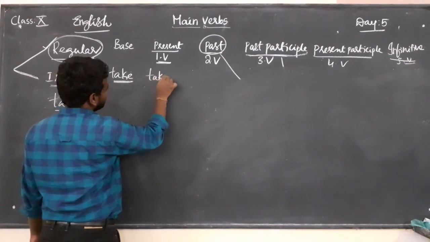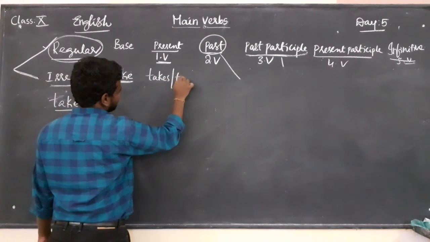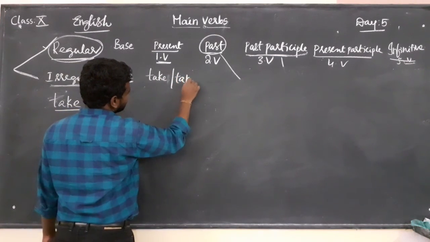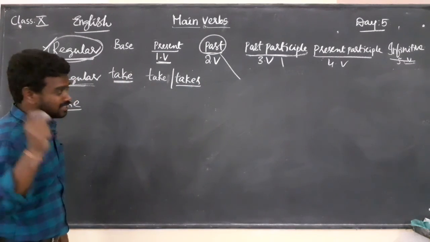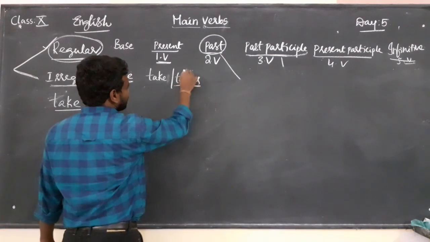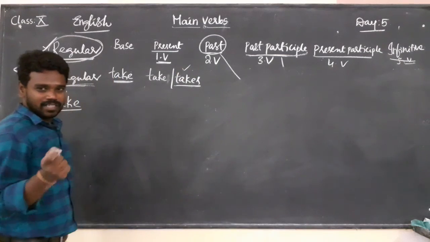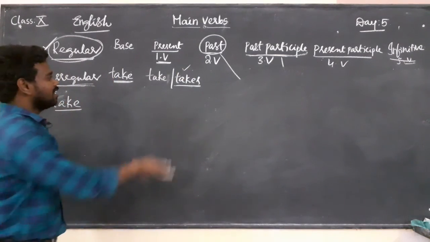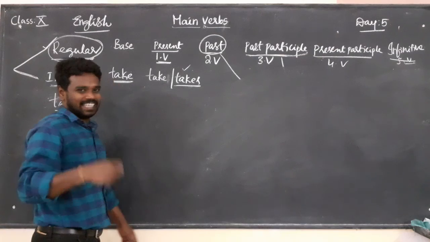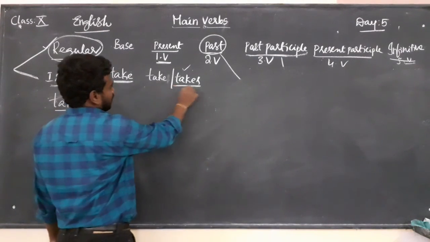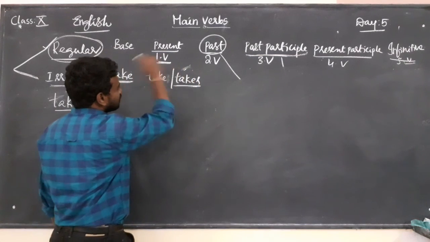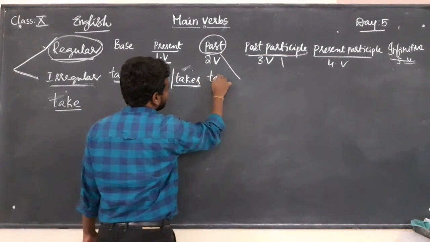As you know, take, takes. When do we use takes? When the third person is singular, we use takes. For example, he takes, she takes, it takes. What is the past form of take?